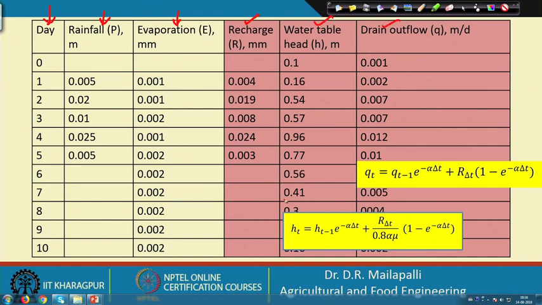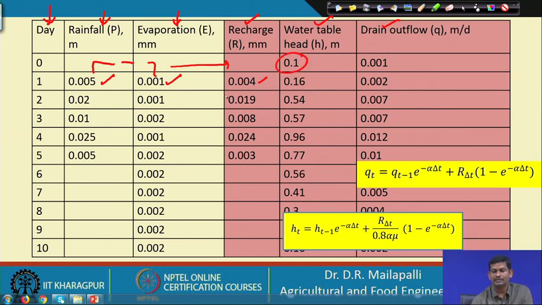So, the given values are 0 at the 0th day, and on the next day you have 0.005 rainfall, and the evaporation is 0.001, and the recharge will be 0.004. That is the difference. The difference of this minus this gives you this one.